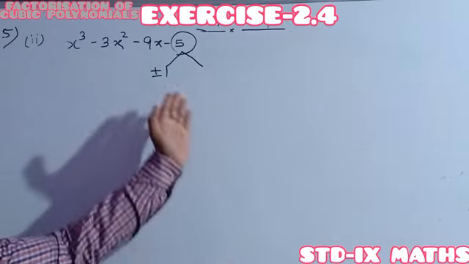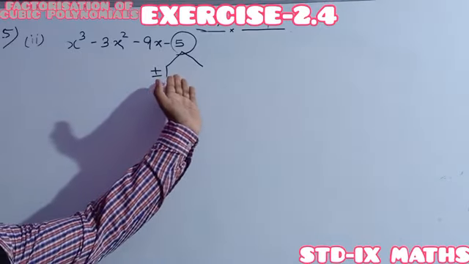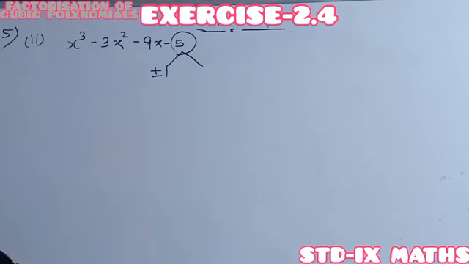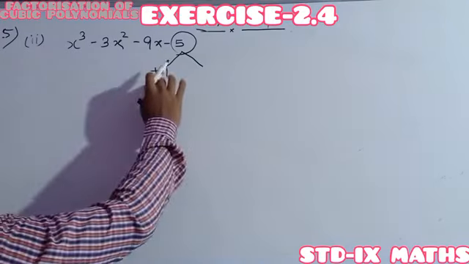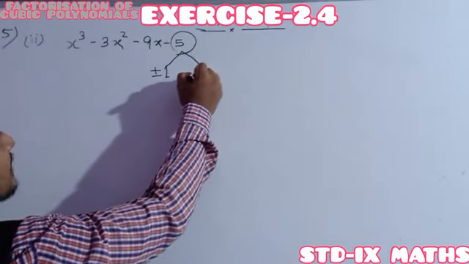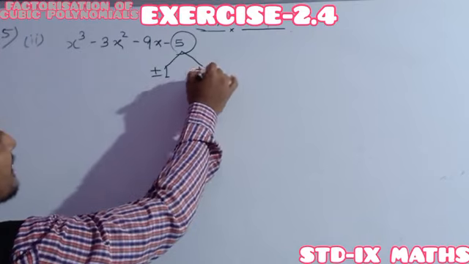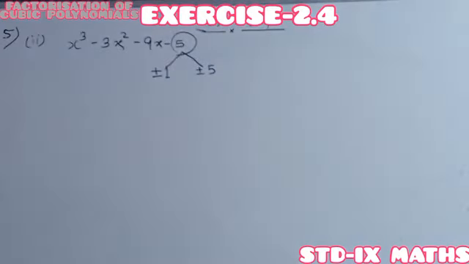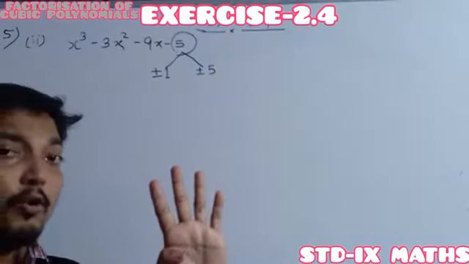Okay, and in many situations, plus 1 or minus 1 will be the zero of that polynomial. So you must give importance to plus 1 or minus 1. Then another one is plus 5, another one is minus 5. So how many options did you get? 4 options.